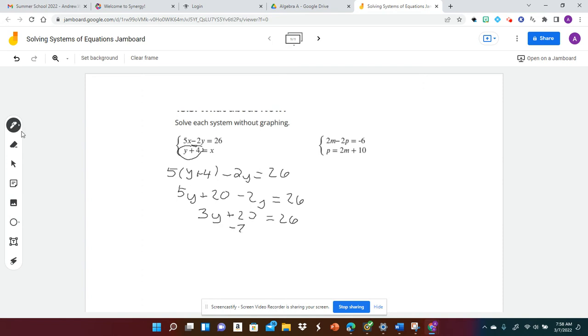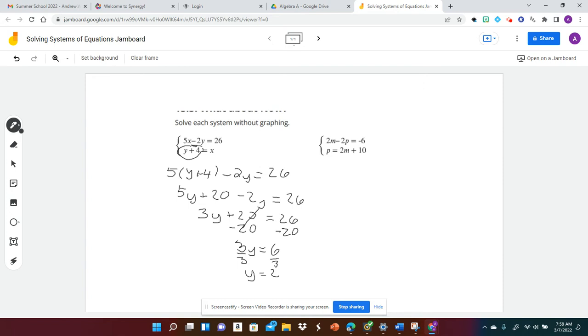And then subtract 20 from both sides, and you get 3y equals 6. Divide both sides by 3. And we get y is equal to 2.